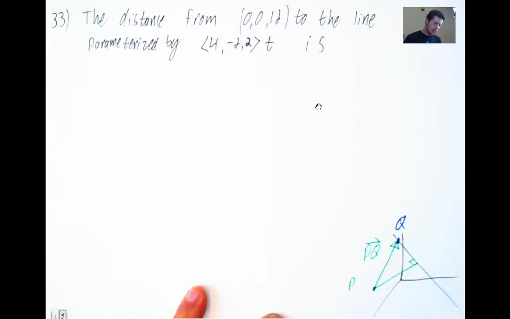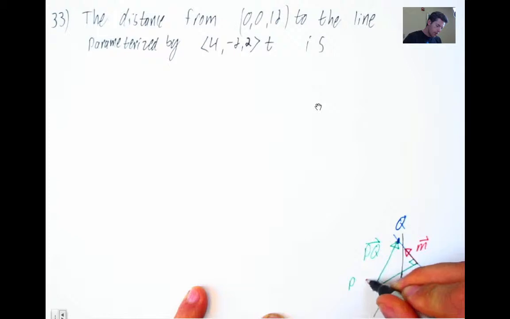Lines have directions, so let me attach a direction to that line in red. I will call it M. I want to compare the direction of M to the direction of PQ, so I'll put another copy of M over here.